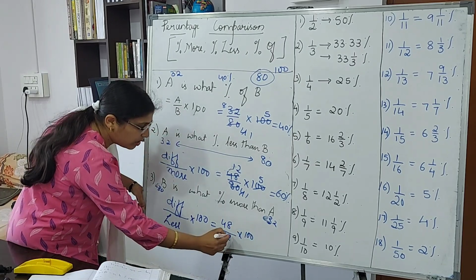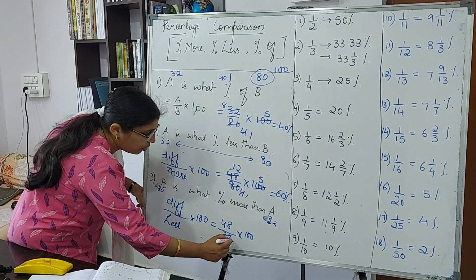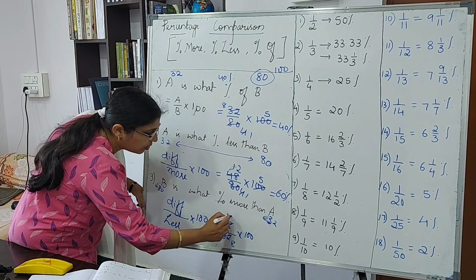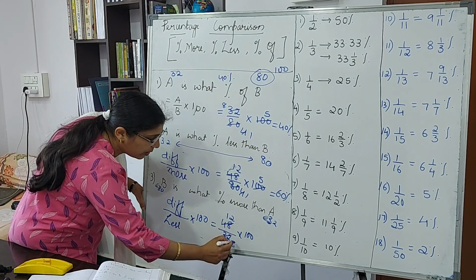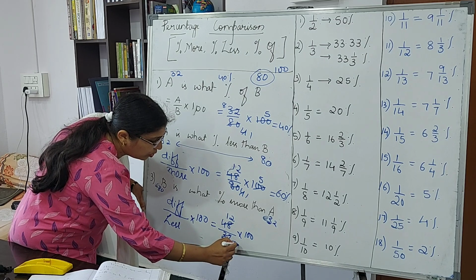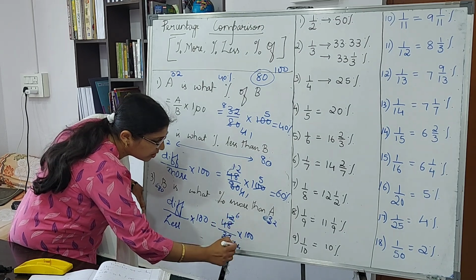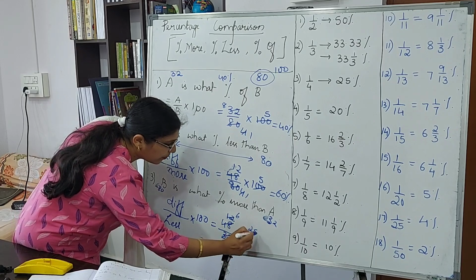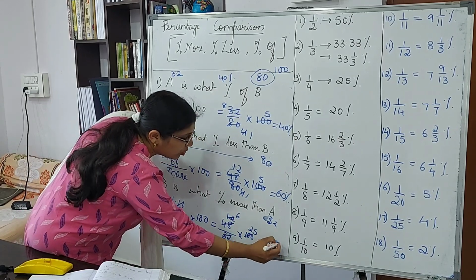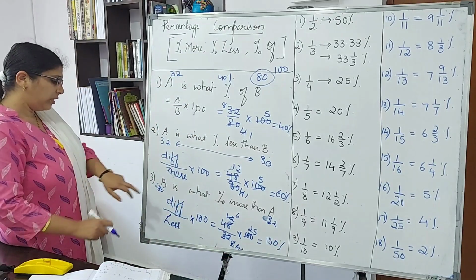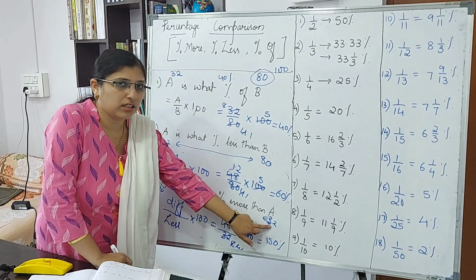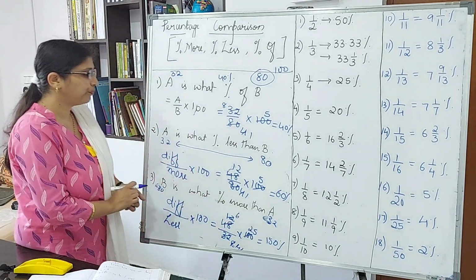So 48 by 32 into 100, which is 3 by 2 into 100, so 25 into 6 will be 150. So 80 is 150 percent more than 32.